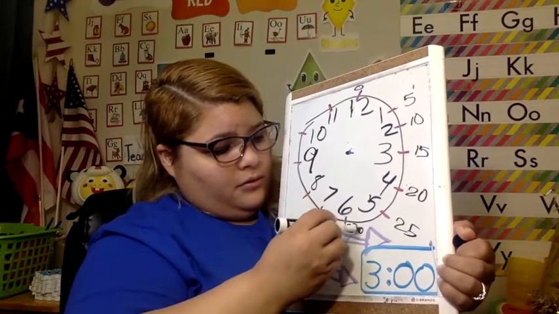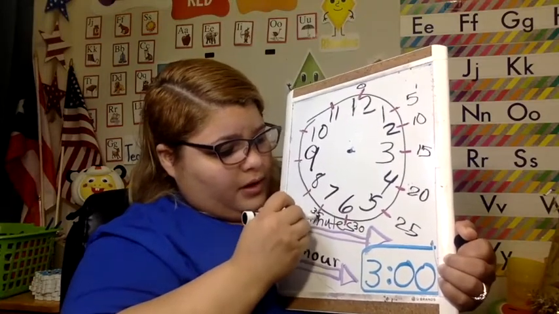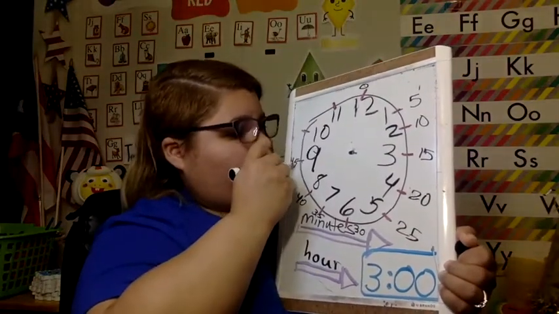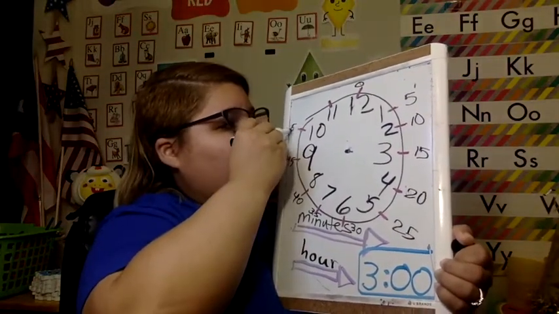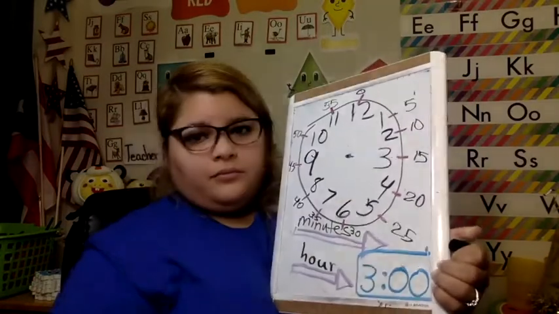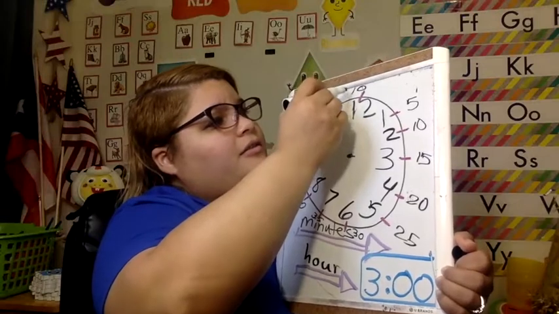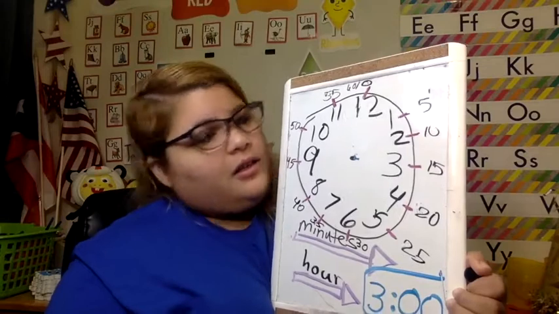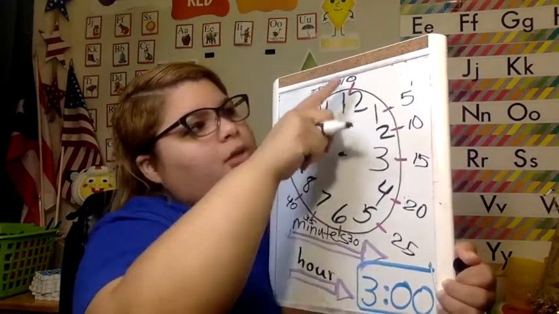30, 35, 40, 45, 50, 55. If we go back here, some people say it becomes a 60, but it really just becomes o'clock again.